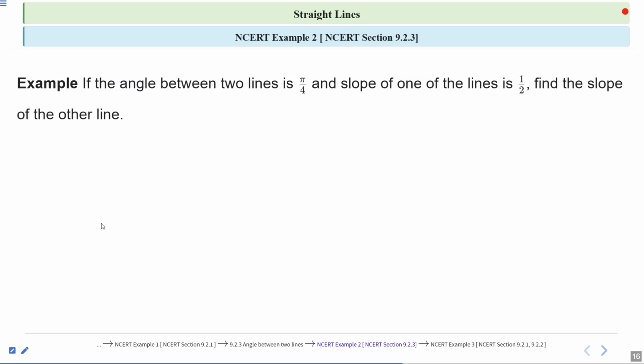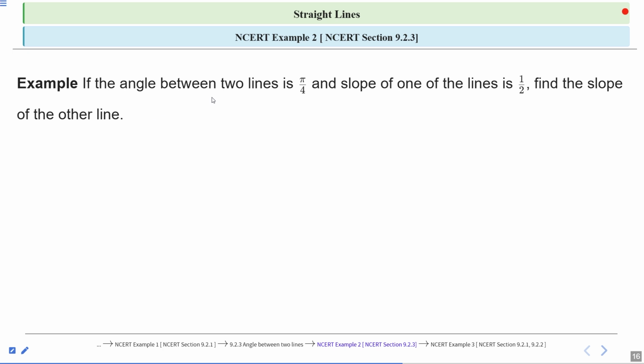Clear? So now let us take an example. Here we will discuss NCERT example 2. In this example, what information is given?